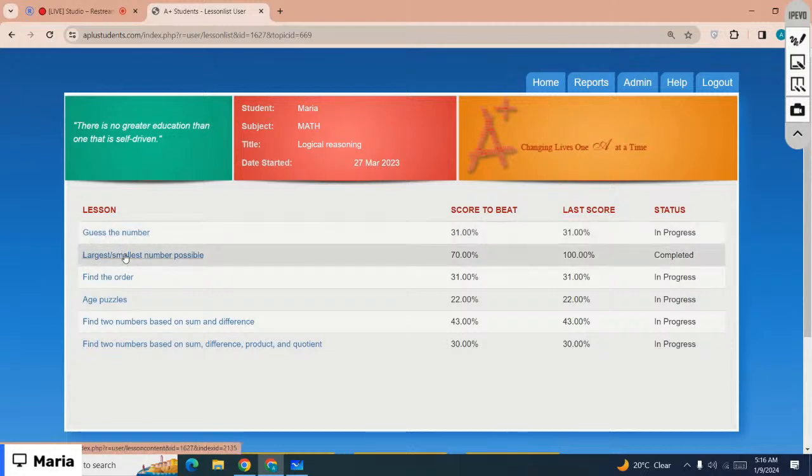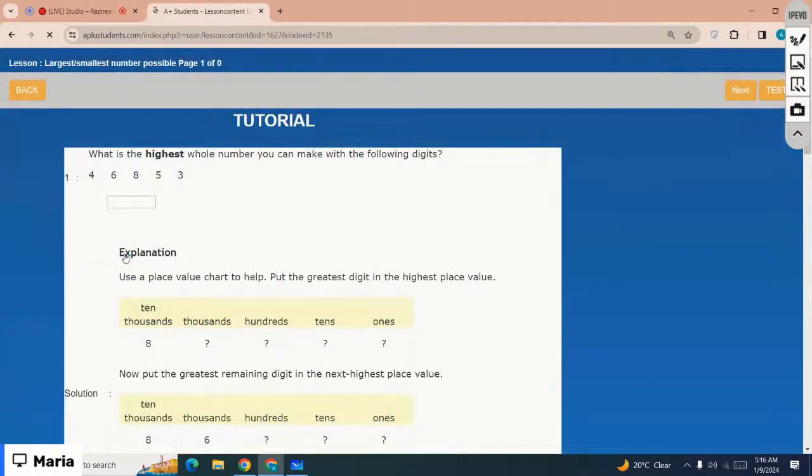Okay, let's just start with the lesson that is largest/smallest number possible.